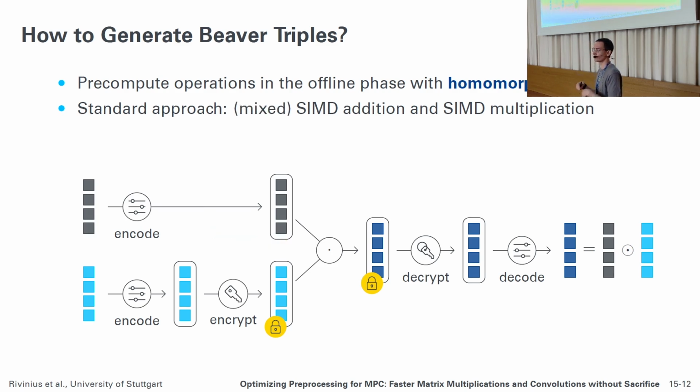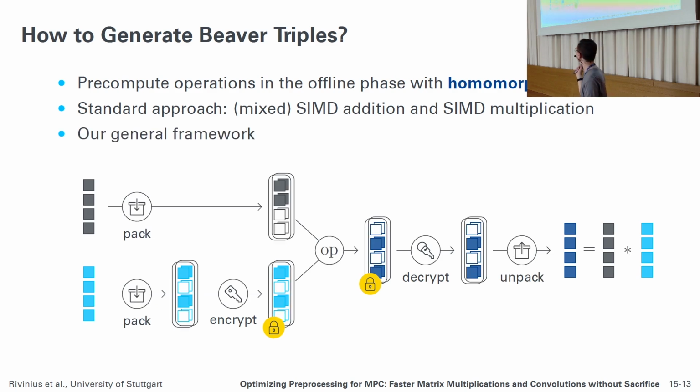Usually it's cheaper if not both of these operands are encrypted, so there are schemes that do it in this mixed way where you have a plaintext-ciphertext multiplication. Then we basically extend on the protocols in prior work that just do this all for scalar things, to support any packing scheme that packs these vectors, possibly in multiple ciphertexts, in a certain way, then does some operation on it, unpacks them, and you get the result.